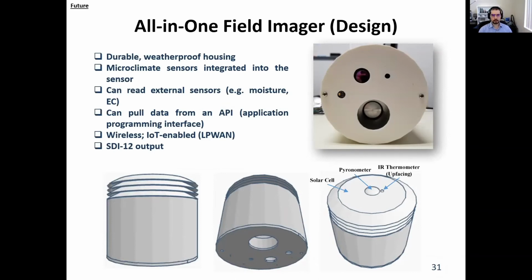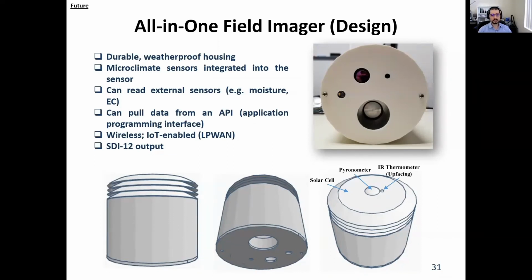The imaging system that I've been describing so far can be used in the field, but it cannot be left in the field for an extended period of time for continuous monitoring, because the enclosure is not designed for that type of application. So I've been thinking about a system with all the capabilities, but for continuous field monitoring. And this is what I have in mind.